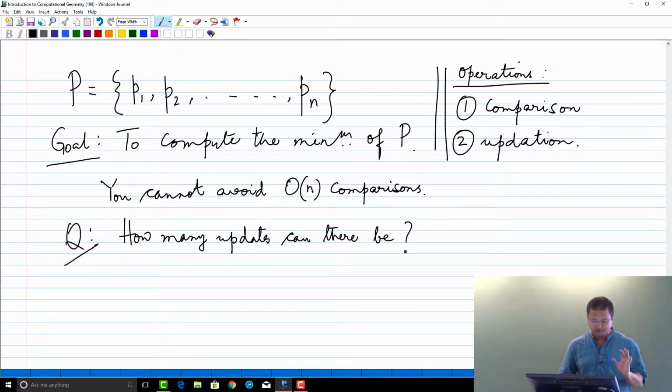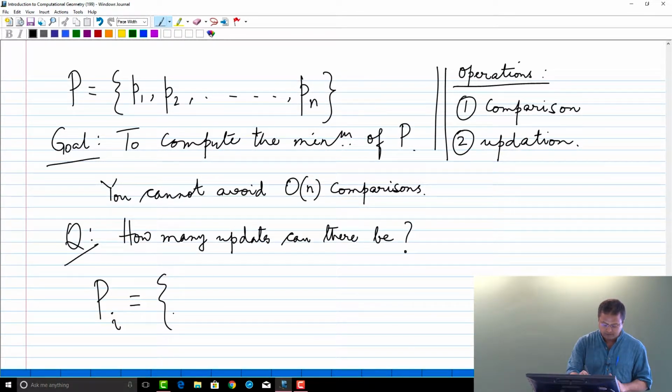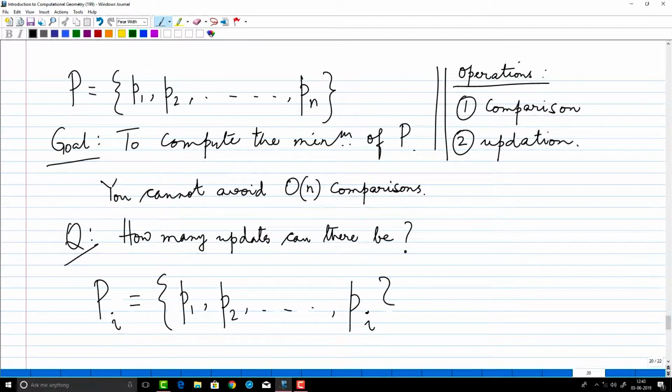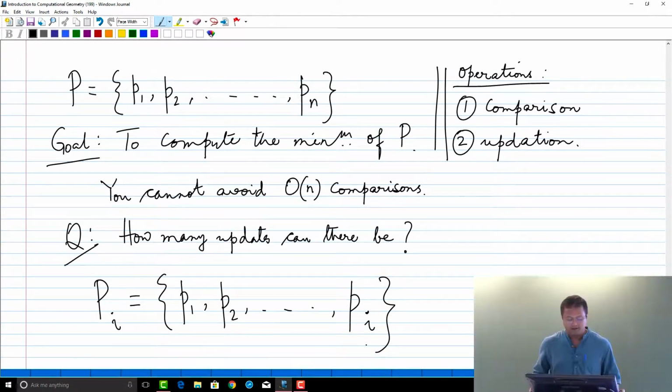Rather we would do something intelligent. What I do is, I define this as the first i points in any random permutation of these n points. Now, what I can do is condition on these i points, I will try to make an argument on this number of updations.